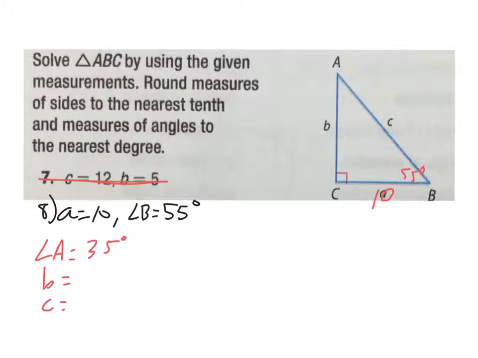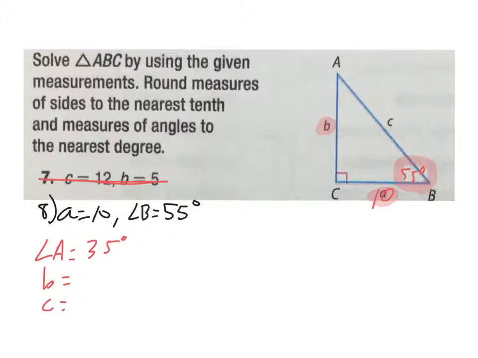Now, let's find side B next. What I have to do is take the angle 55 degrees and this side here, and put all 3 of those together and try to write an equation. In relationship to angle 55, what is side B?